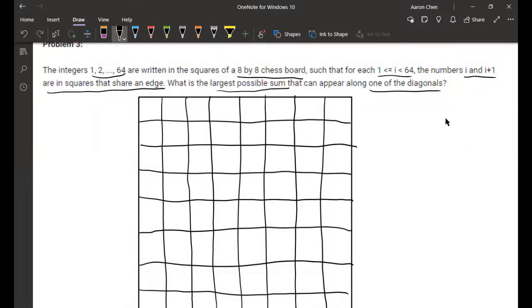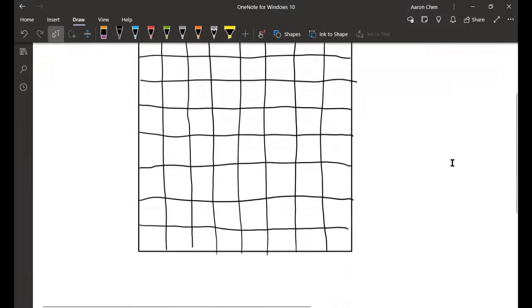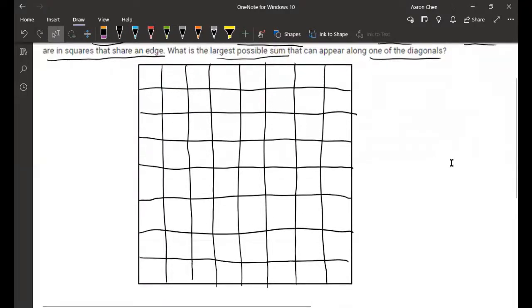And so you can claim that the maximum sum is simply in this grid that I'm about to draw.